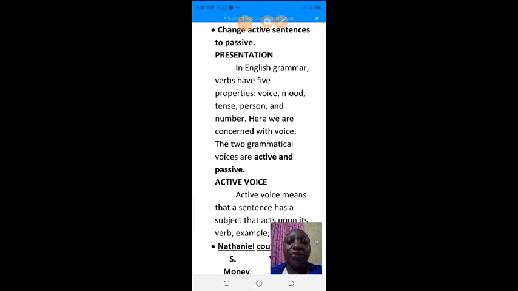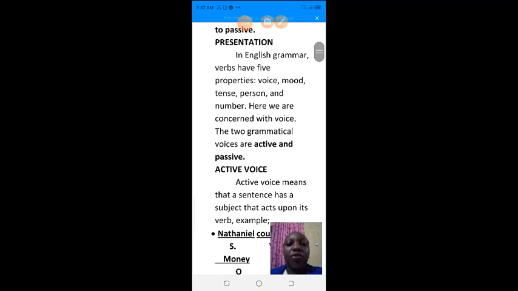Then the person in which the verb is used, and the number the verb is used in. When we say number, we talk about singular and plural. When we say person, we talk about how many people are involved: first person, second person, third person, and how it agrees with the verb.